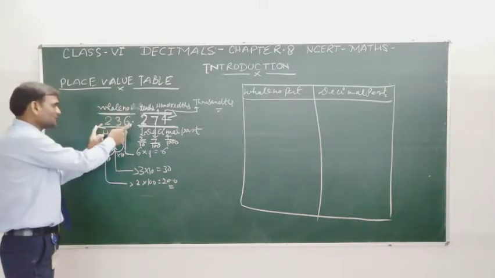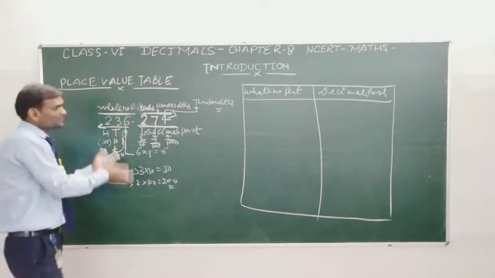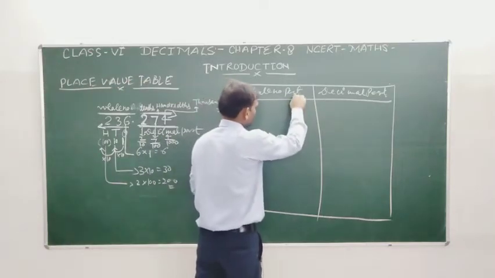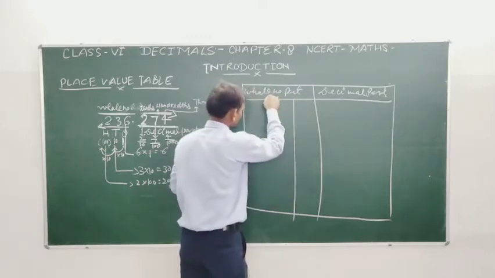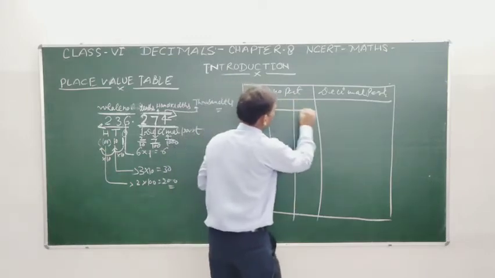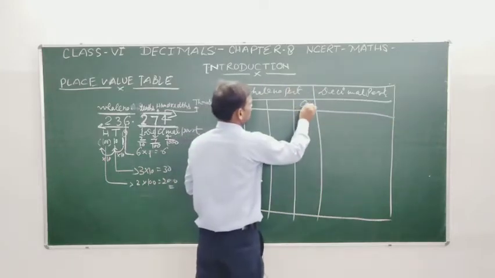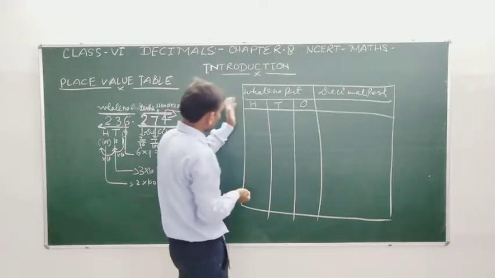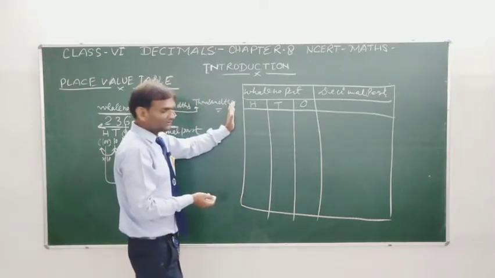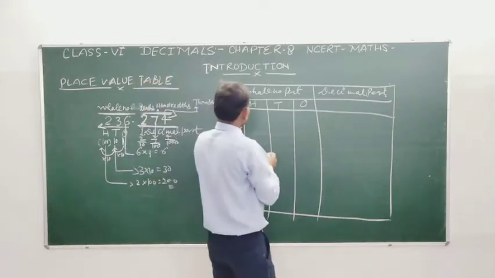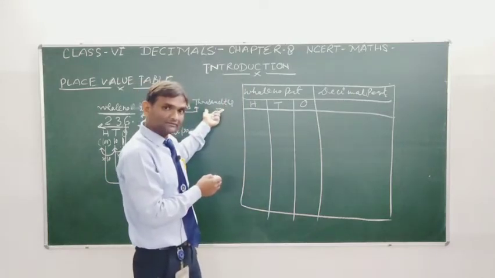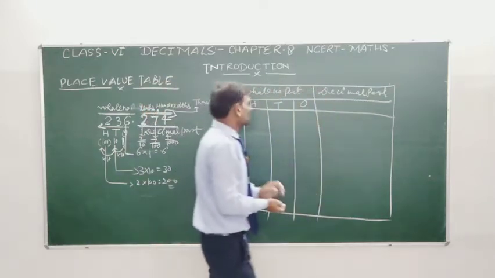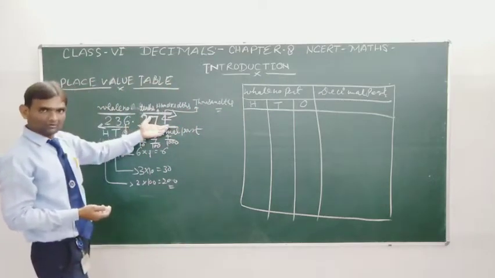Whole number part is made of many digits, so we can divide this part into as many parts as required, student. Suppose I am dividing here into only three parts, that is ones, tens and hundreds. And you can further extend the table like thousands, ten thousands, lakh and ten lakh, etc. And the decimal part is made of the digits 274.